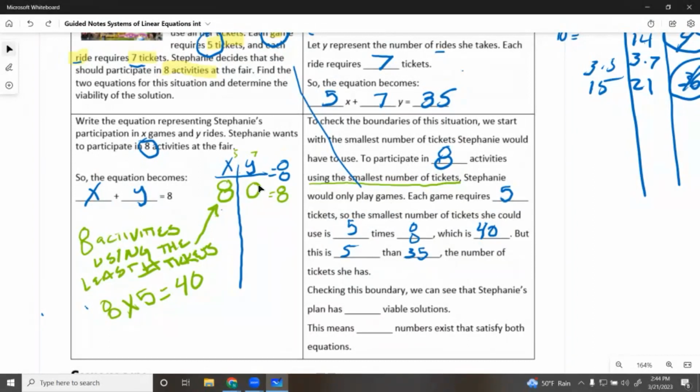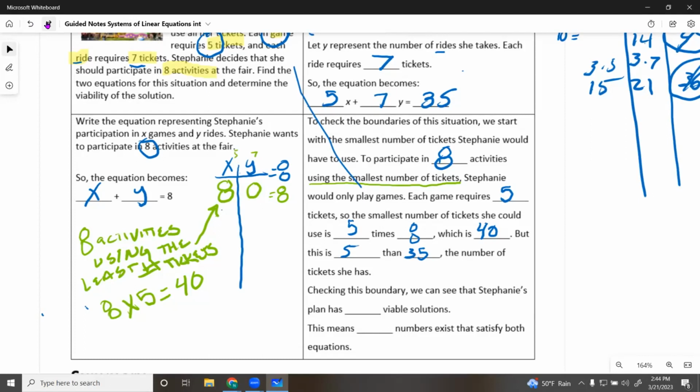We're going to go through this table to basically prove our answers. So as we did 8 activities, if we started with 8 games and 0 rides, still 8 activities, but it ended up being 40 tickets.